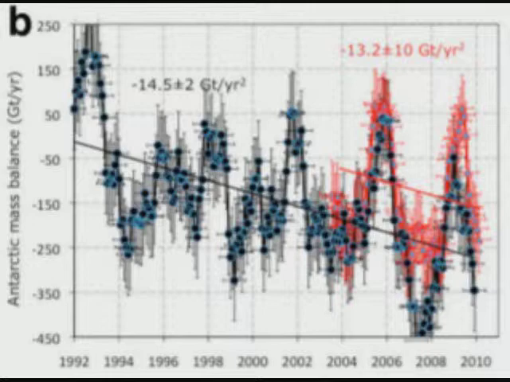Again, you can see the gravity data lie pretty close to the surface mass balance and discharge data, with the exception of a brief period in 2008, and that also the trends, that is the acceleration in mass loss, agree within uncertainty.